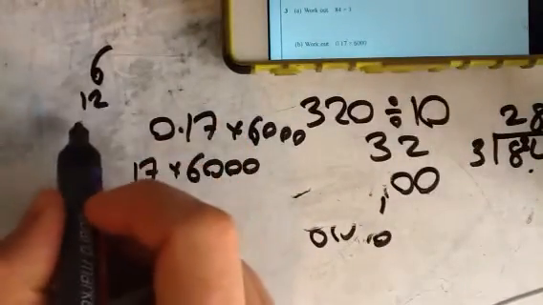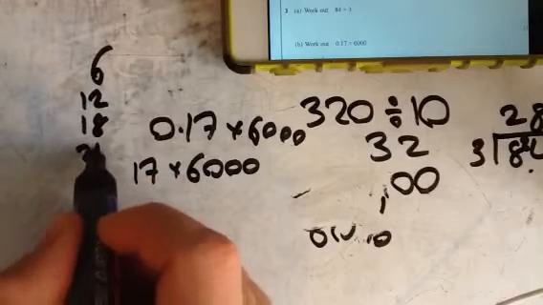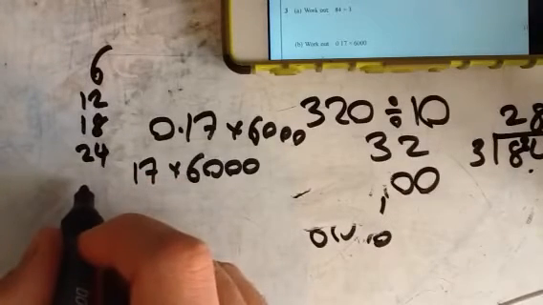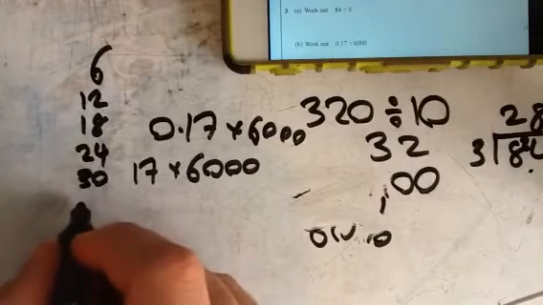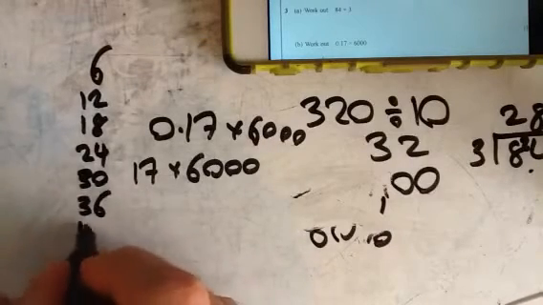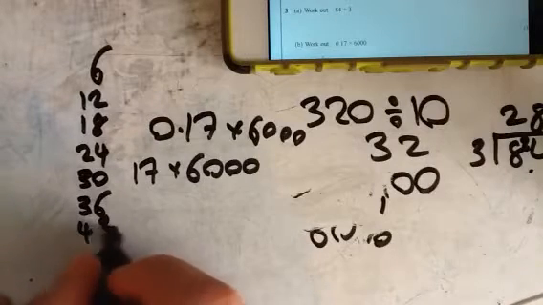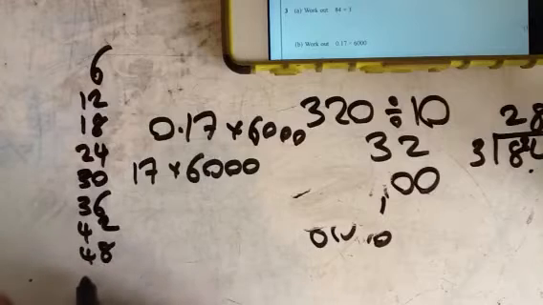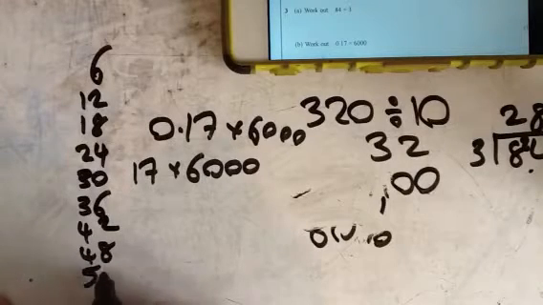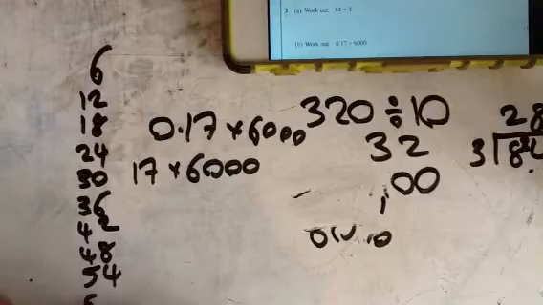So 6, 12, 18, 24, 30, 36, 42, 48, 54, 60.